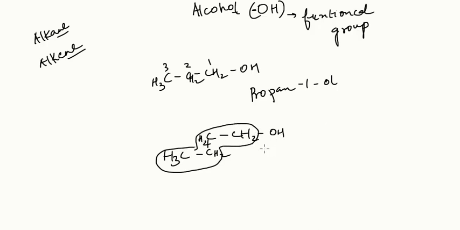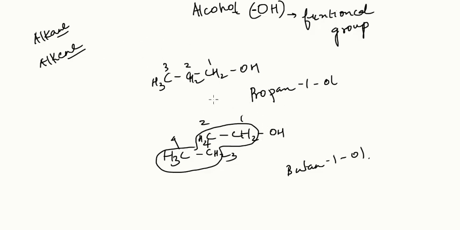Therefore, what we see is that this alcohol contains 4 carbon atoms in a straight chain, and the numbering would be in this manner. Therefore, it would be called butan-1-ol.